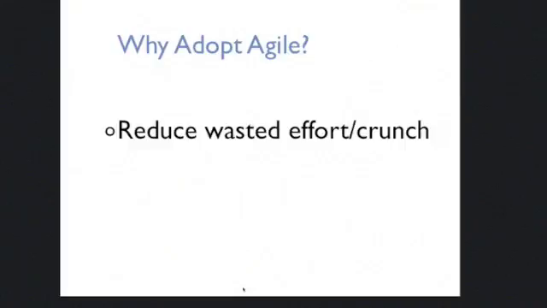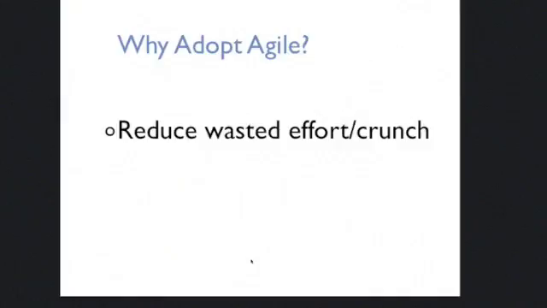We want those empirical measures all along that show us our velocity and allow us to make decisions about where the project is headed throughout the project by having the working game tell us where we are.